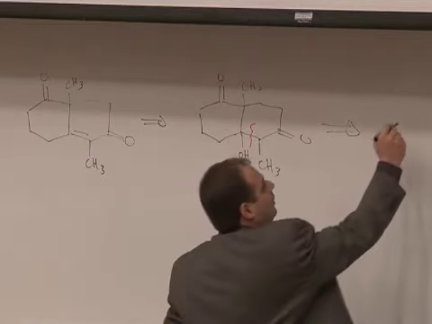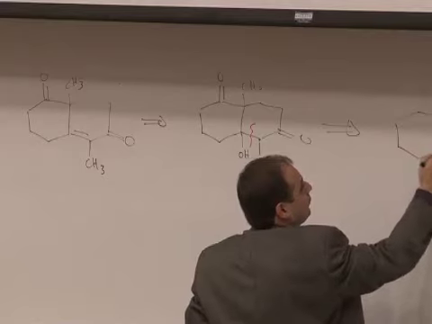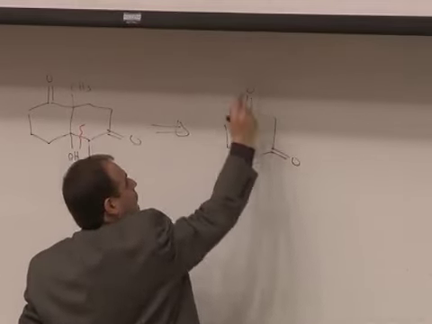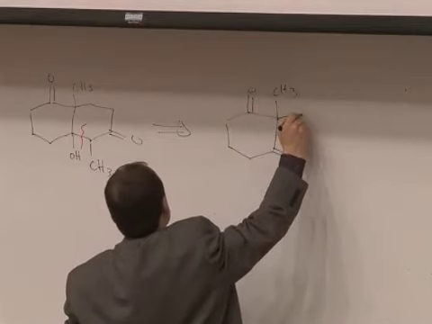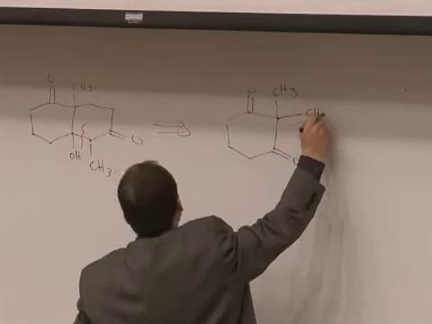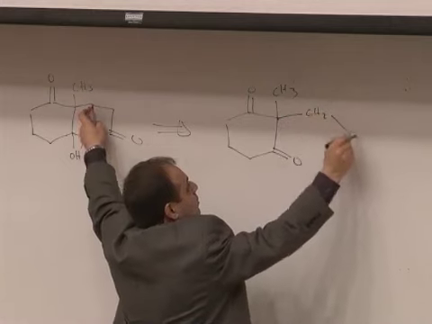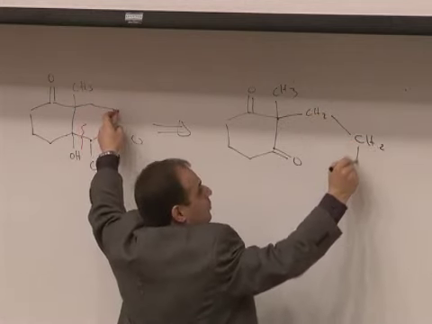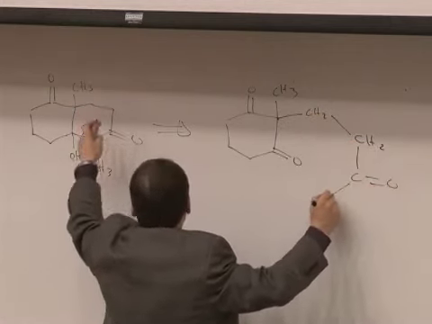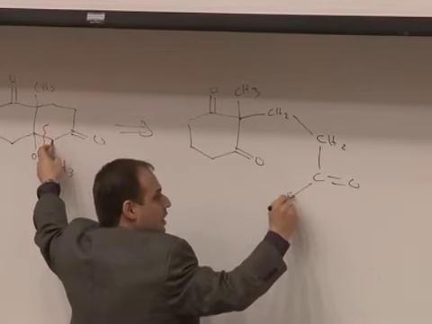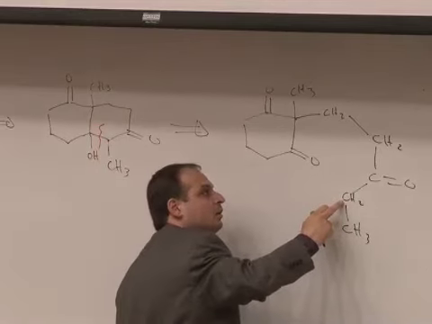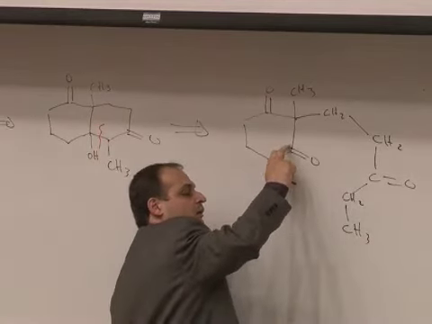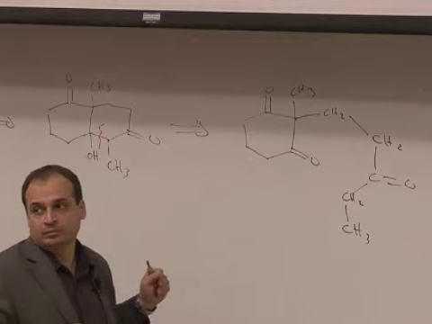So you are having this diketone: you have a CH3 right here, and you have CH2, CH2, C double bond O, CH2, CH3. This is the carbon that is attacking this carbonyl.